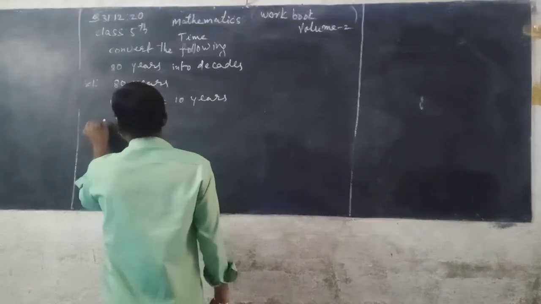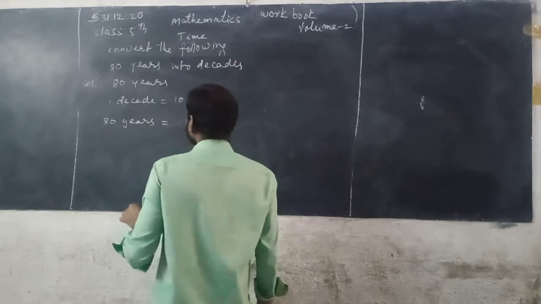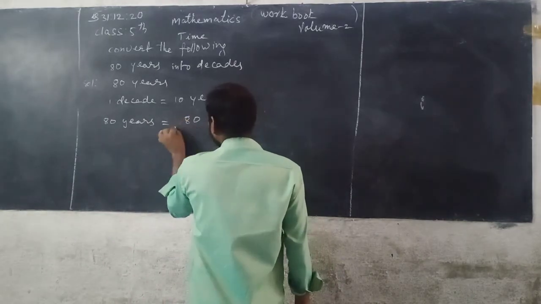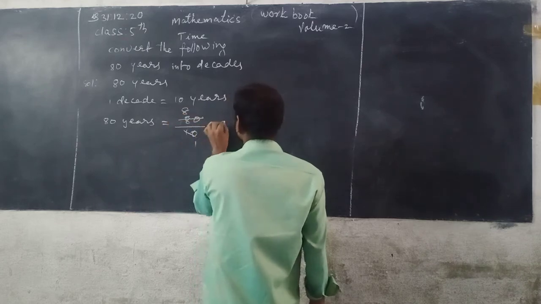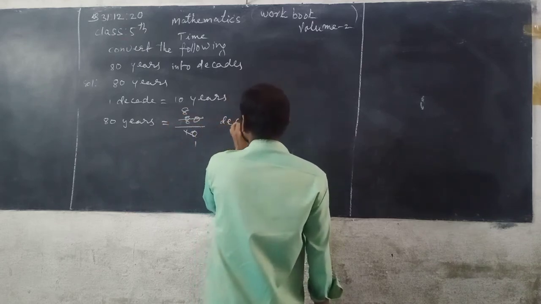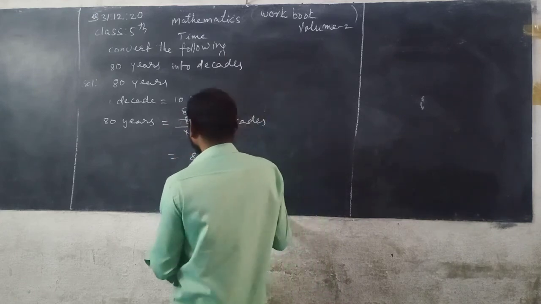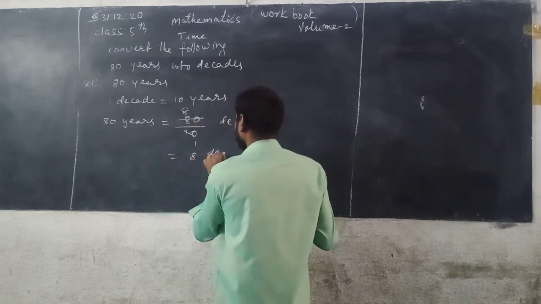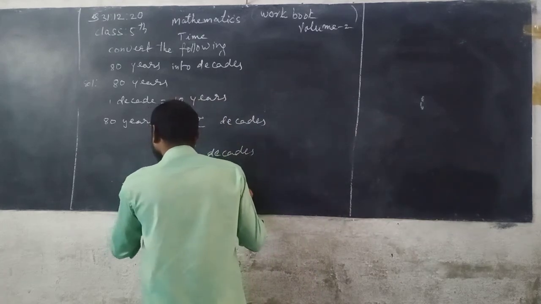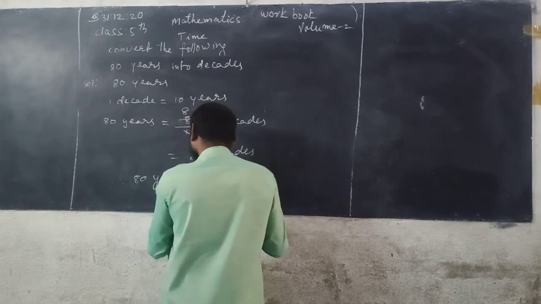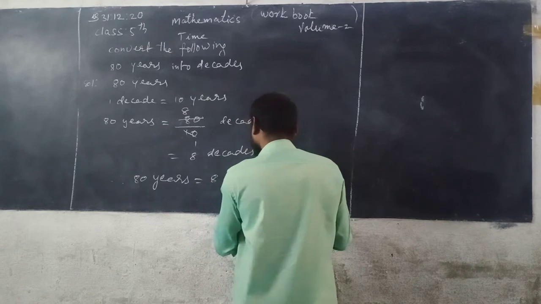Then 80 years is equal to 80 by 10. 10 ones are 10, 10 eights are 80. So 8 by 1 is 8. Therefore 80 years is equal to 8 decades.